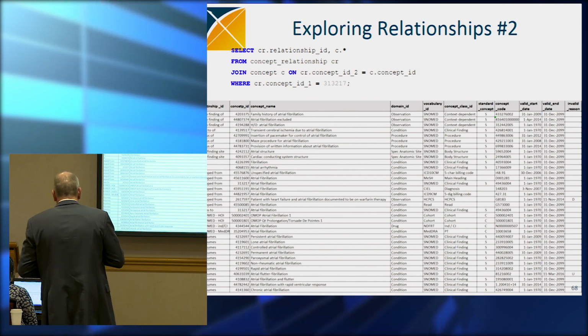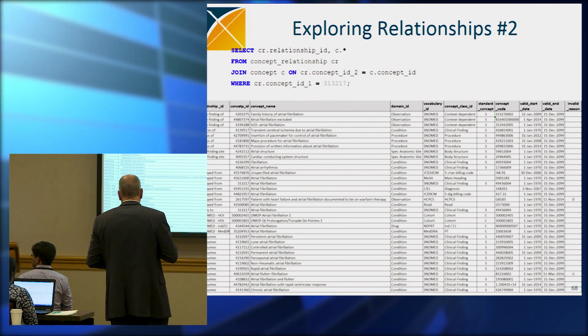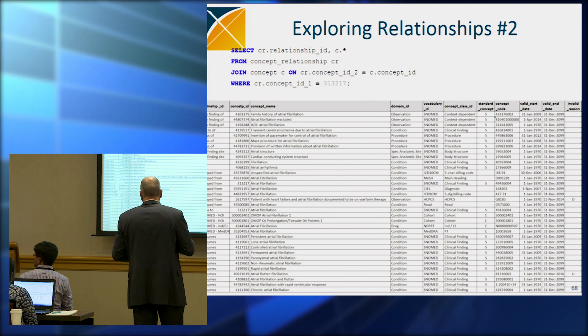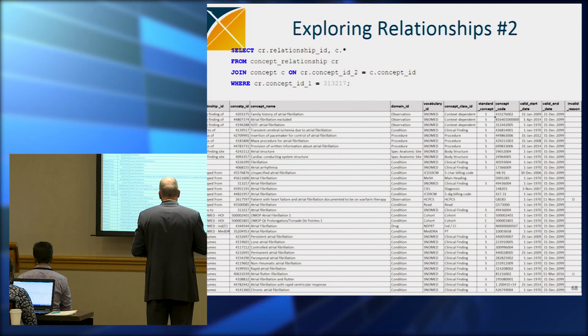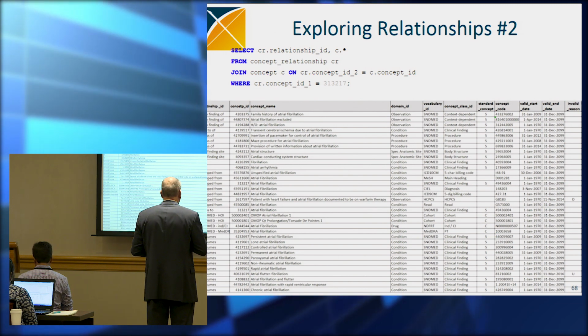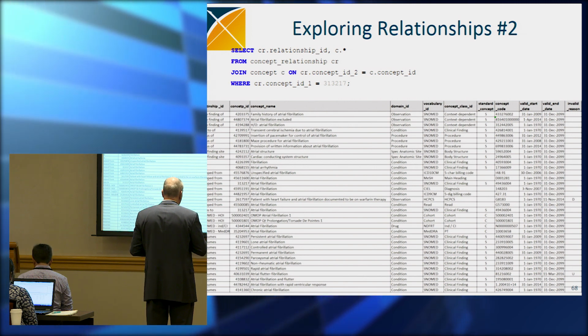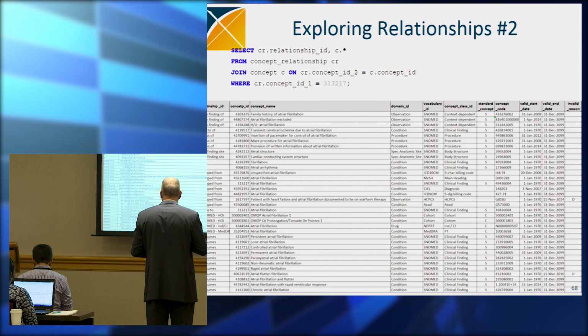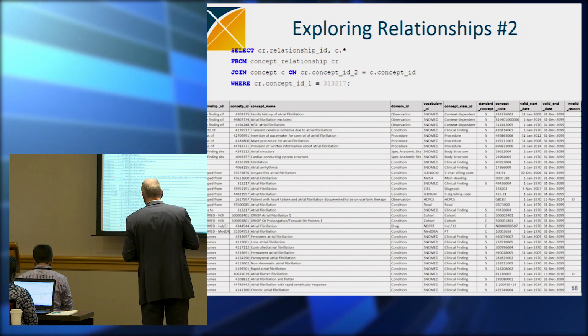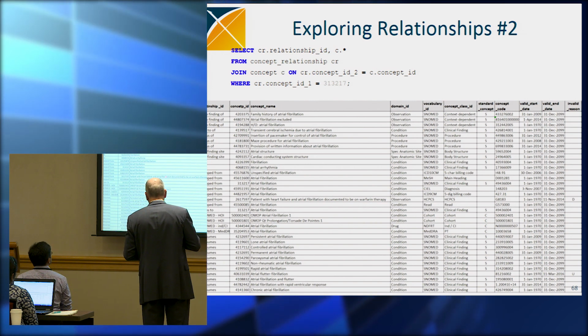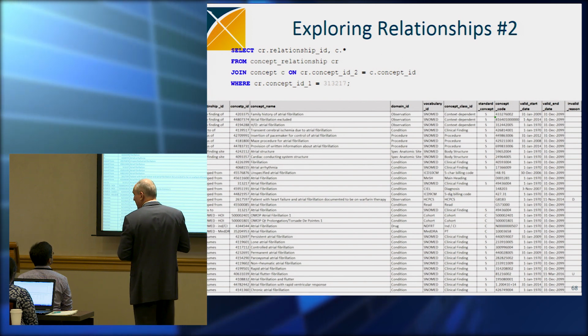Okay? And then it's mapped from all these other ones, which are, as we've seen, mapped from ICD-9-CM. We did this in the exercise. From SNOMED again, of course. MeSH, ICD-10-CM, HICPICS. There's a HICPICS code: patient with heart failure and atrial fibrillation documented to be on warfarin therapy.